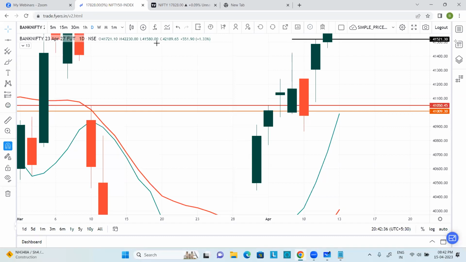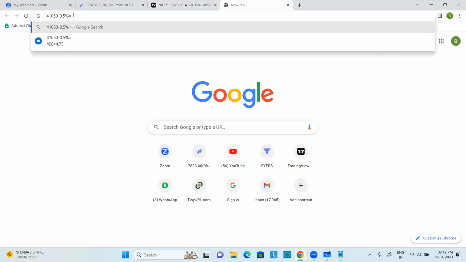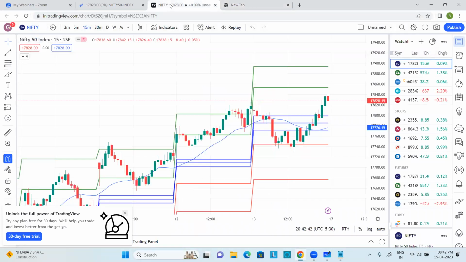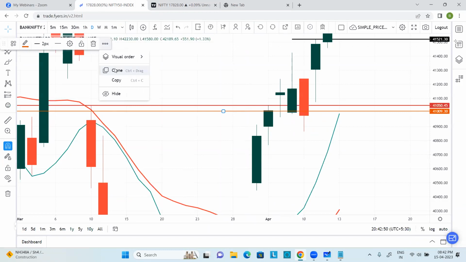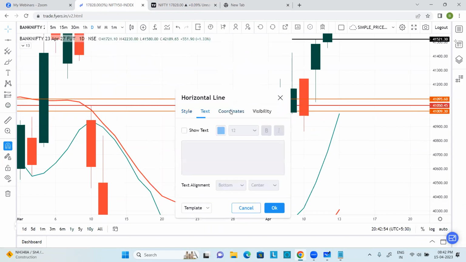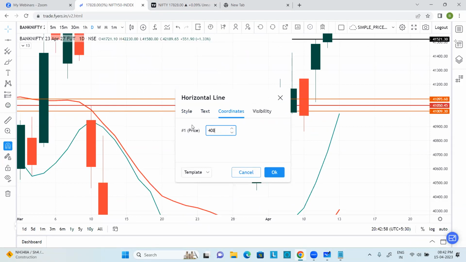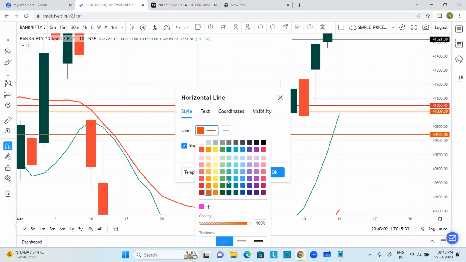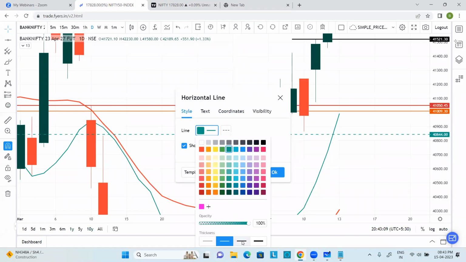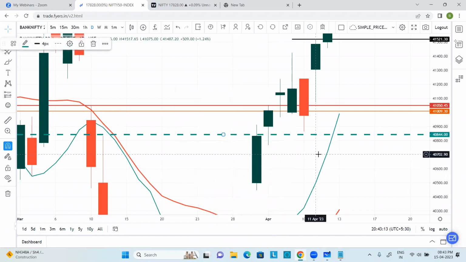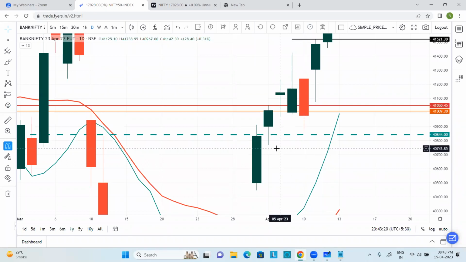Nitin ji, you can see here the calculation. 40844 is the stop loss. We will make this green, and make it bigger like this. It did not stop out. Nitin, you can see.